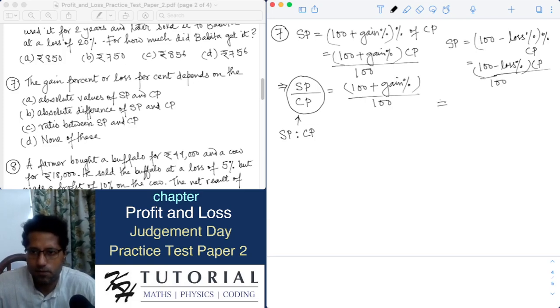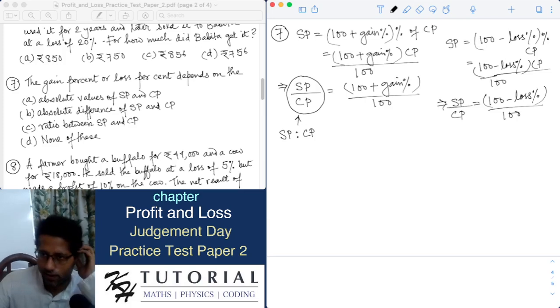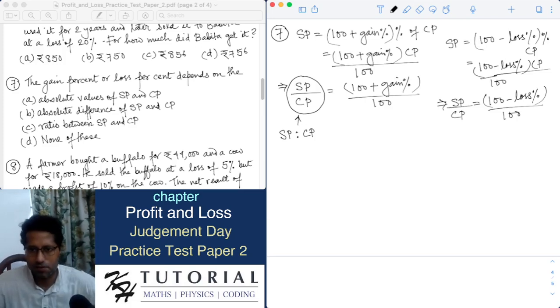This implies that SP by CP is equal to 100 minus loss percent divided by 100. Similarly, in this case also, if we need to compute the loss percent, we just need to know the ratio of SP and CP. So the correct choice is C.